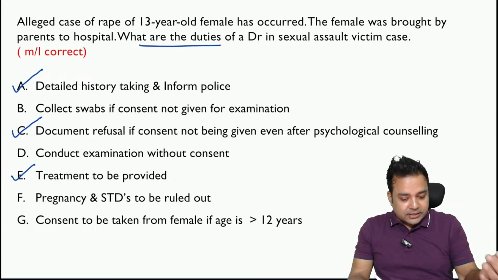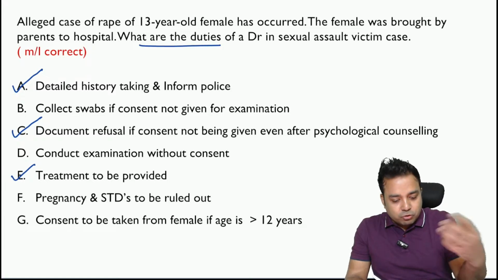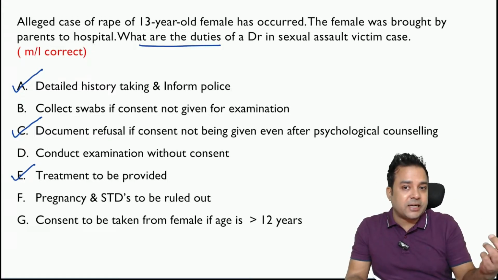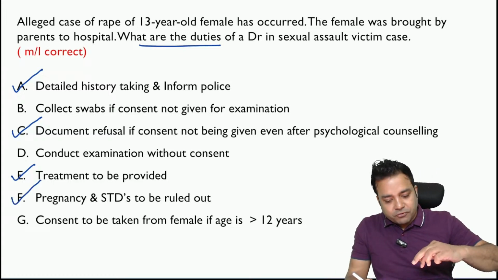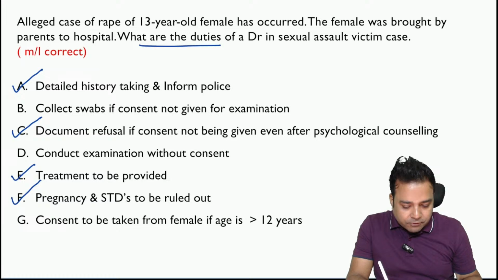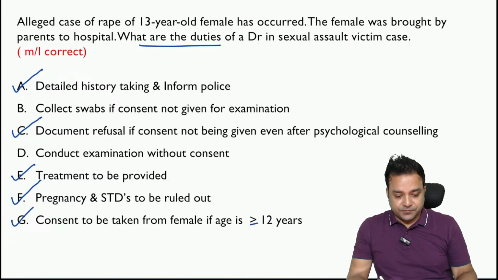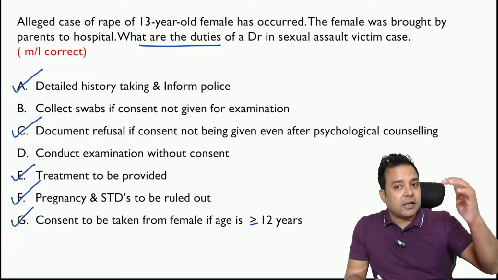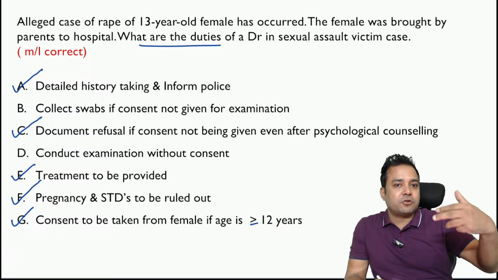Will you keep blood samples to rule out STDs? And will you do USG or UPT to rule out pregnancy? Yes. Can you take consent from female if the age is 12 or more than 12? Yes. So ये सब हमारे true statements. बाकी सब गलत है. So these are the 5 lines which we should always remember.